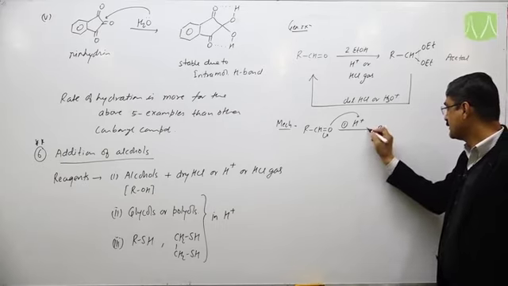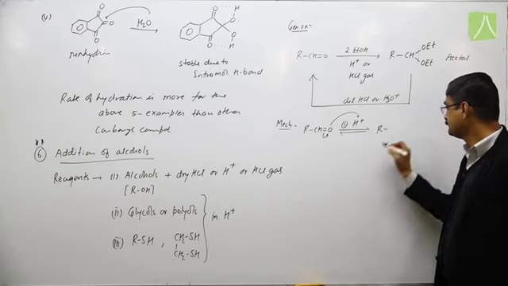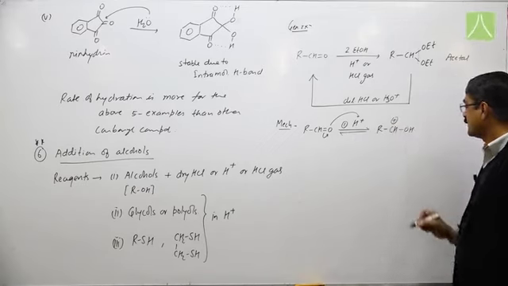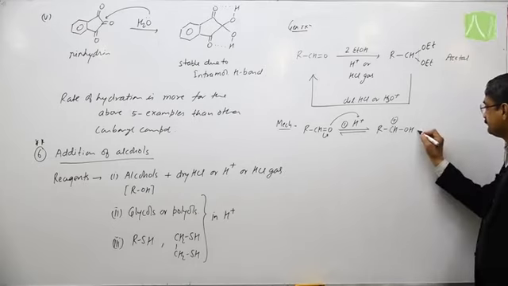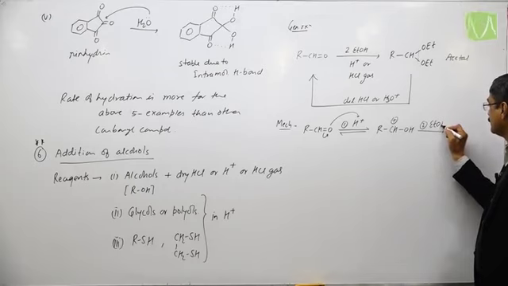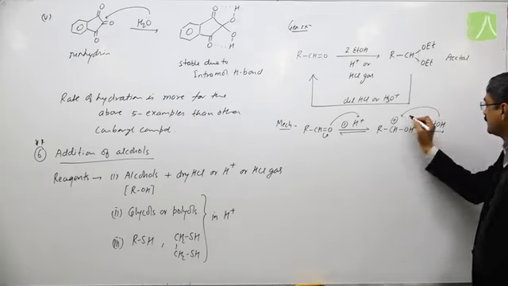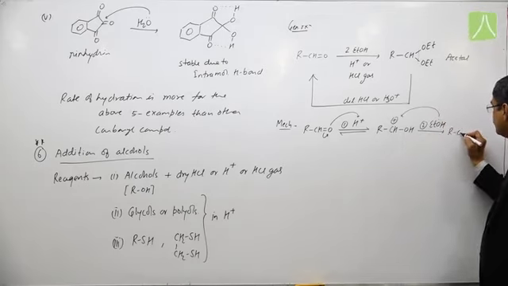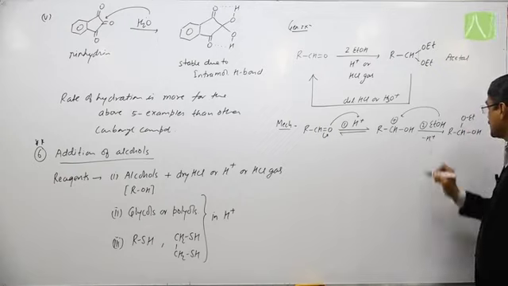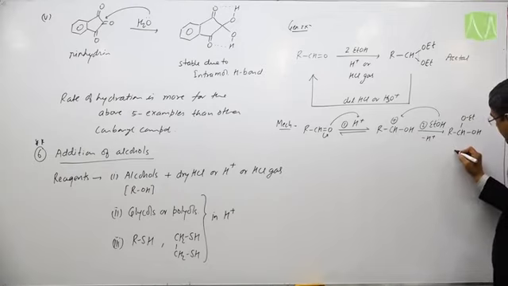This step is reversible. A carbocation intermediate is formed. The first alcohol molecule is added to the carbonyl group, that is OEt. H is removed from this intermediate.